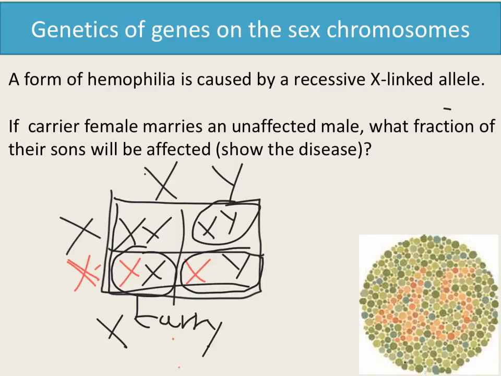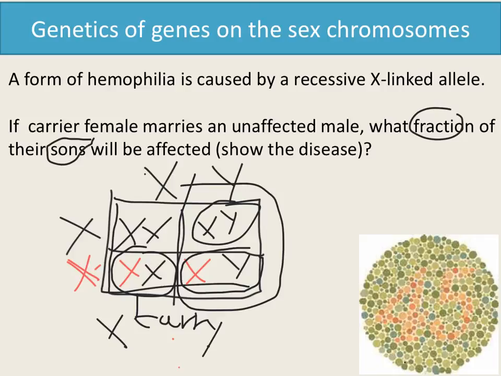Okay? Now, the question is, what fraction of their sons? Okay, so fraction of their sons. Not all their children. Remember, there's two female children. Just their sons. What fraction of their sons will be affected by having hemophilia? Well, there's only two boys here, right?